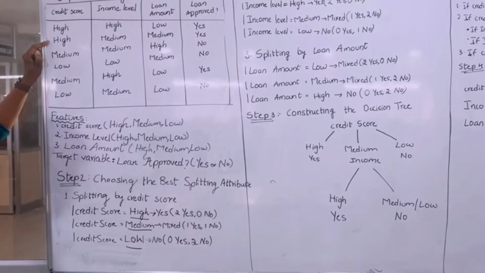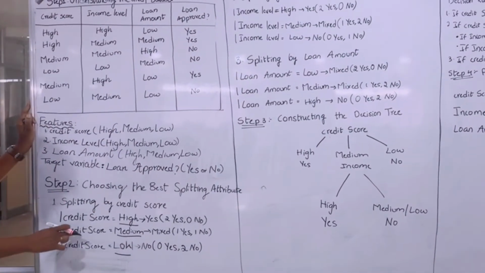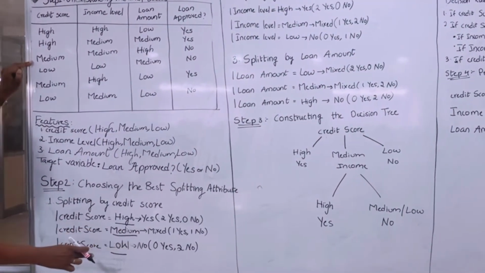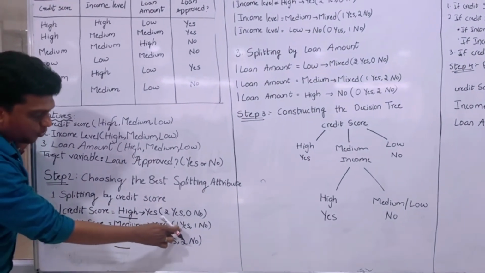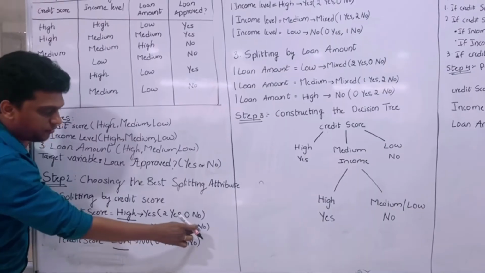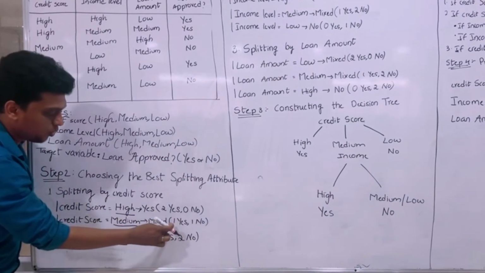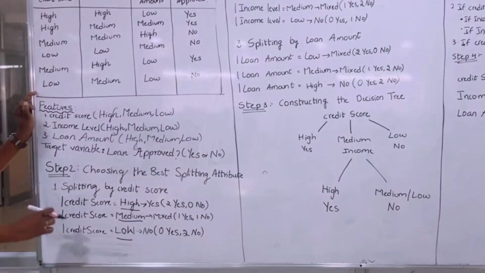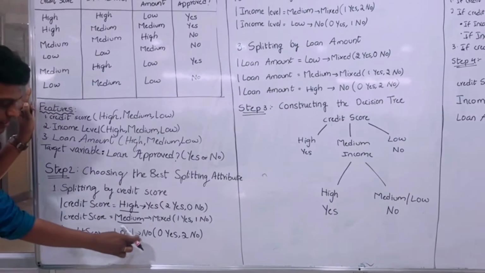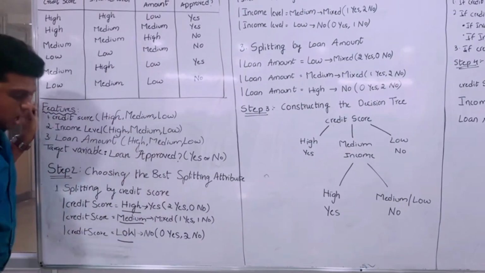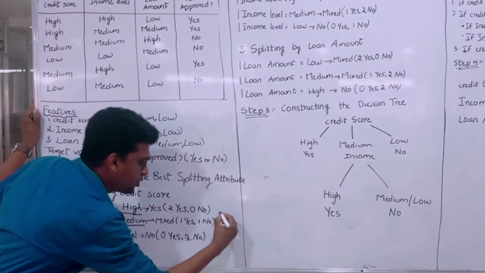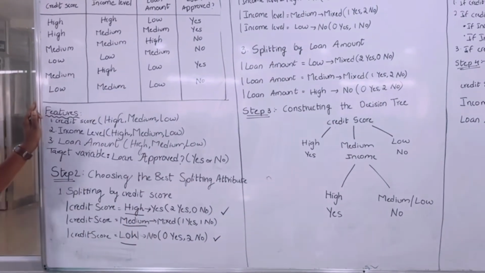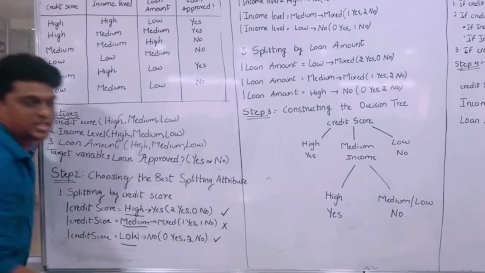Then when the credit score is medium, it is in a mixed state, which means for one condition it is approved and for another it is not approved. So 1 yes and 1 no. Then when the credit score is low, the loan will not be approved. So 0 yes and 2 no's. Here these two are the clear states, but this one is the mixed state.